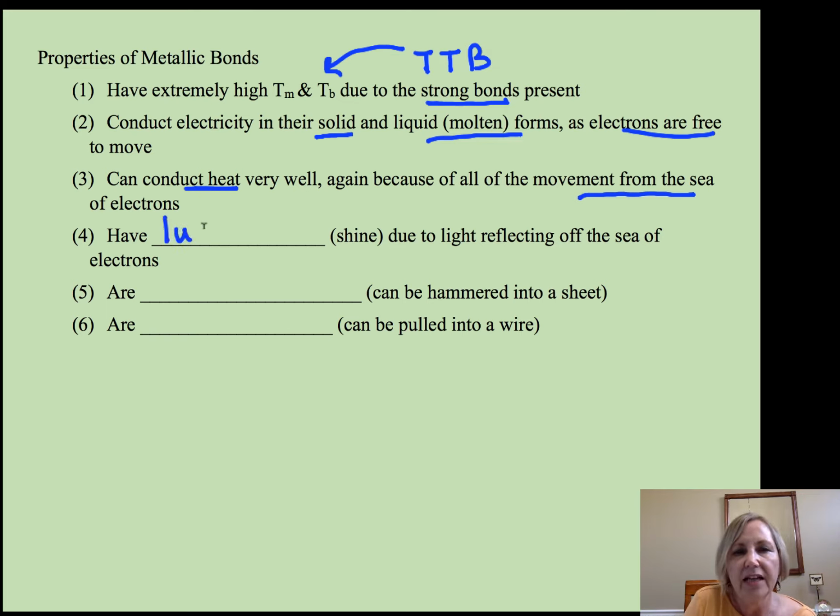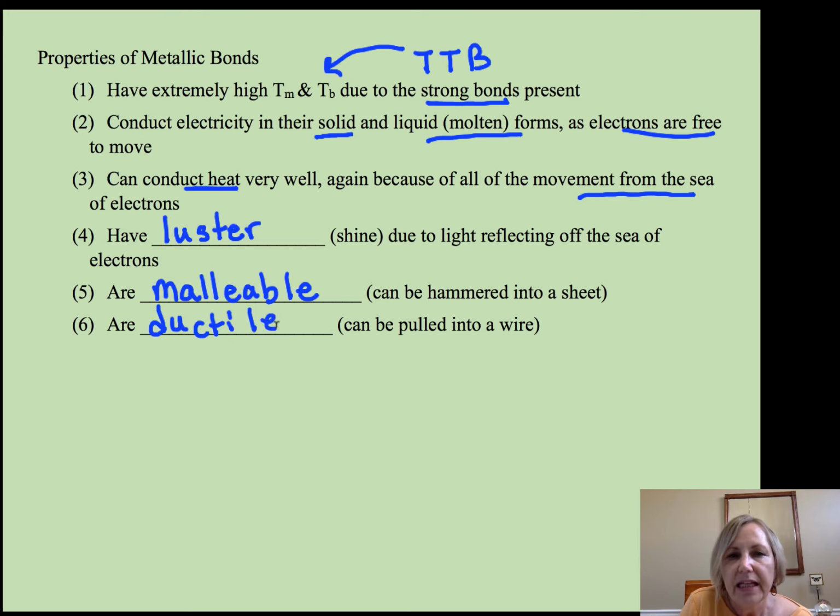Metals have a luster due to light reflection. They are malleable. They can be hammered into a sheet, and they're ductile. Now, it's positive, positive, positive, positive, right?